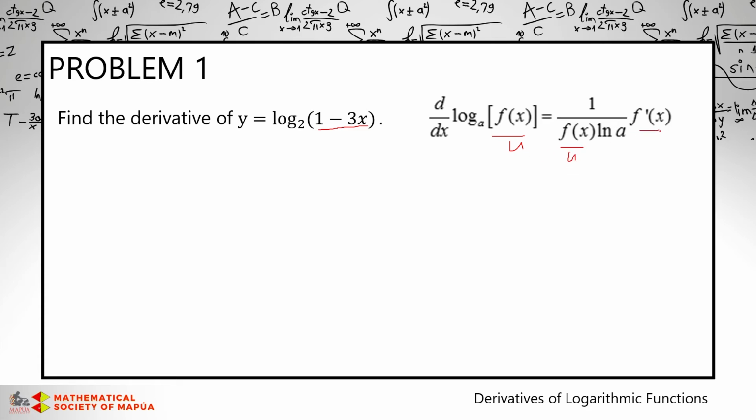And ito is du. Okay. So, using u substitution, ito yung magiging u mo, u equals 1 minus 3x. And then, pag differentiate mo to, du would be negative 3 dx. And a is yung base mo. Ito, which is this one.